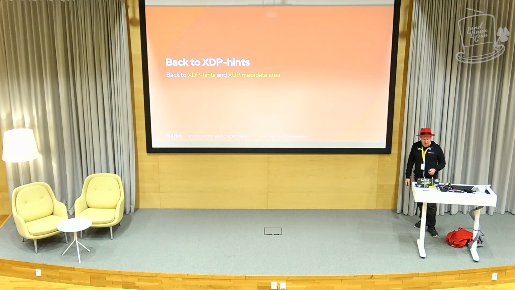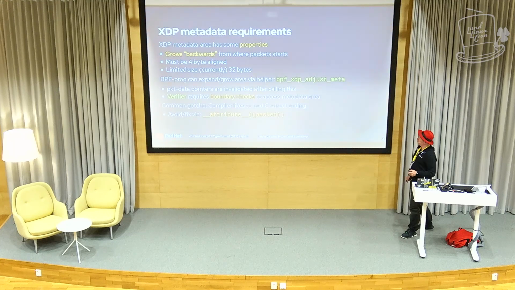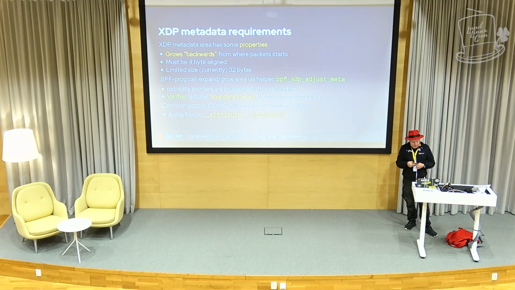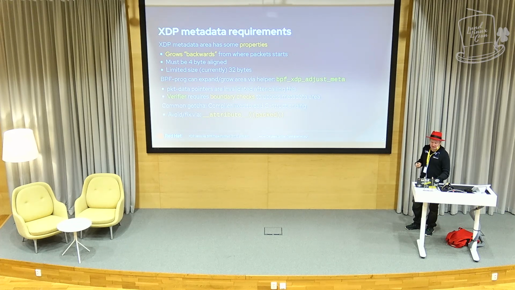So back to the XDP hints and this strange metadata area. The metadata area has some slightly strange properties. It starts at the packet header start, and then it goes backwards. It's only 32 bytes and must be 4-byte aligned. And you can grow or shrink the area at runtime.